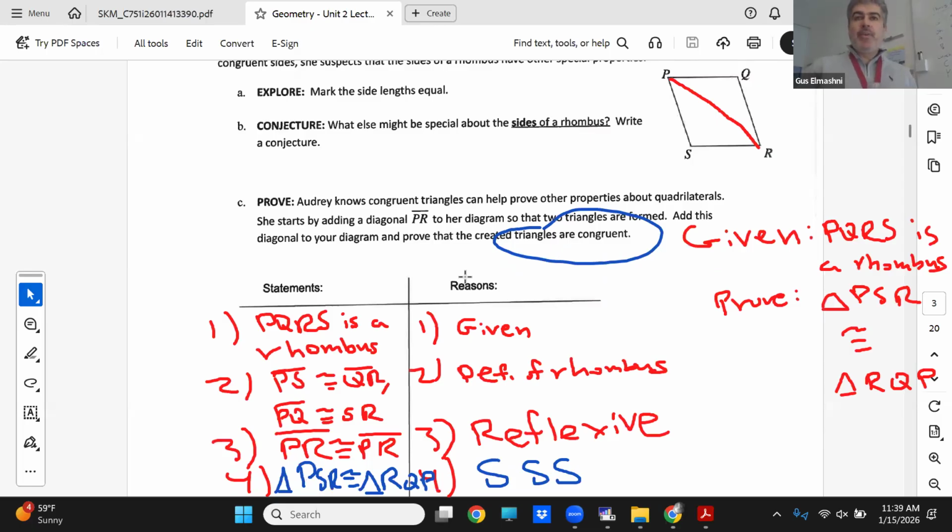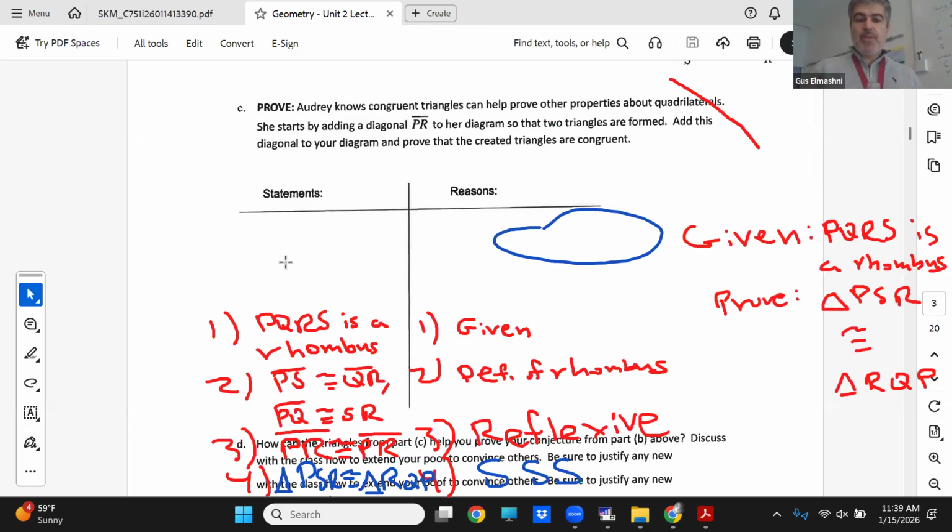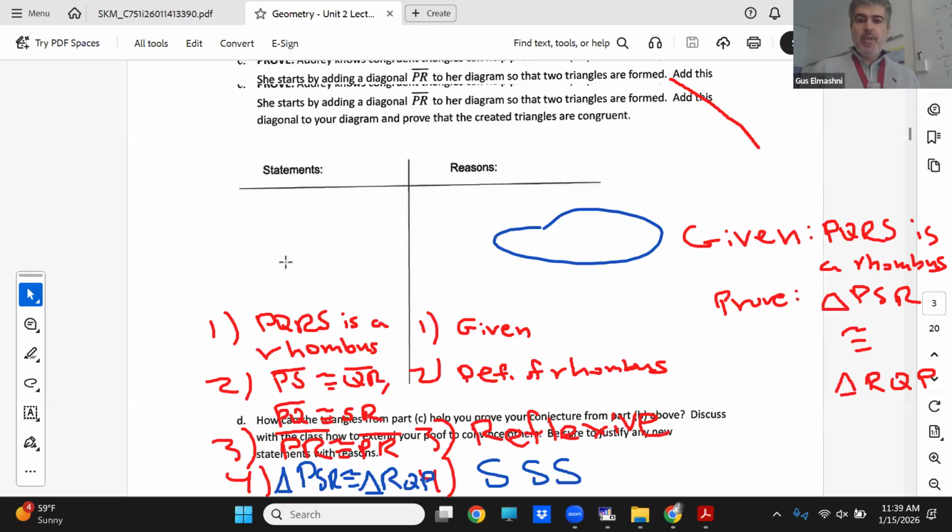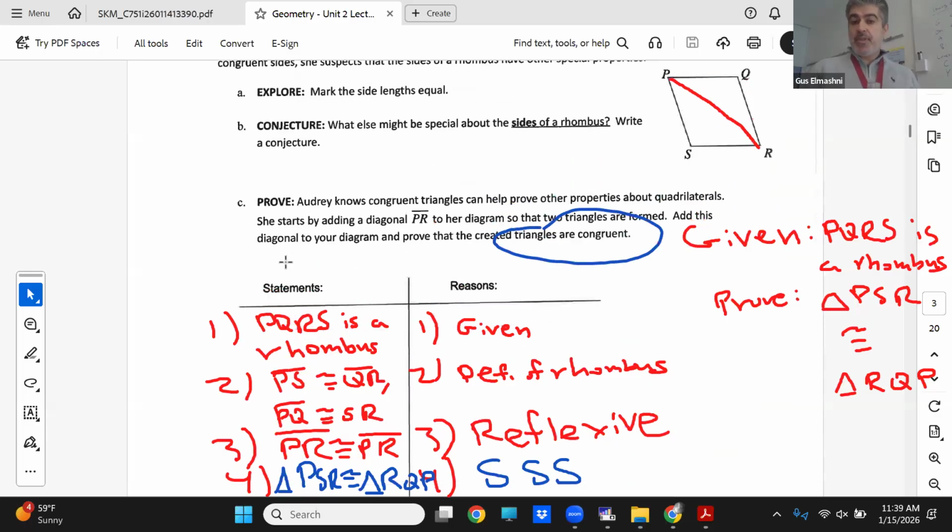Okay. So part D. I'm not going to show it because I want to keep the proof exposed here. How can you extend this proof? Part D is asking you how you can extend this. You can extend it by using CPCTC. So for part D, it's asking you how you can extend this proof to prove other things. See, if the triangles are congruent, can you prove that this angle is the same as this angle? Sure. For what reason?